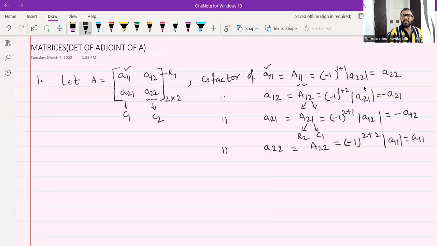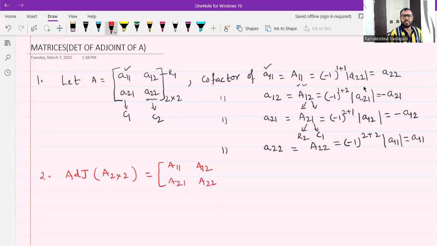Now, how do we define the adjoint of a matrix? Adjoint of A, for this 2 by 2 matrix, equals: you write the cofactors as they are, A11, A12, A21, and A22.